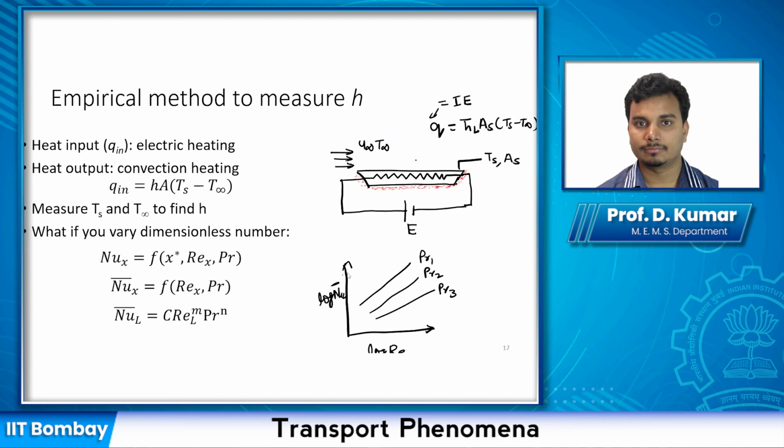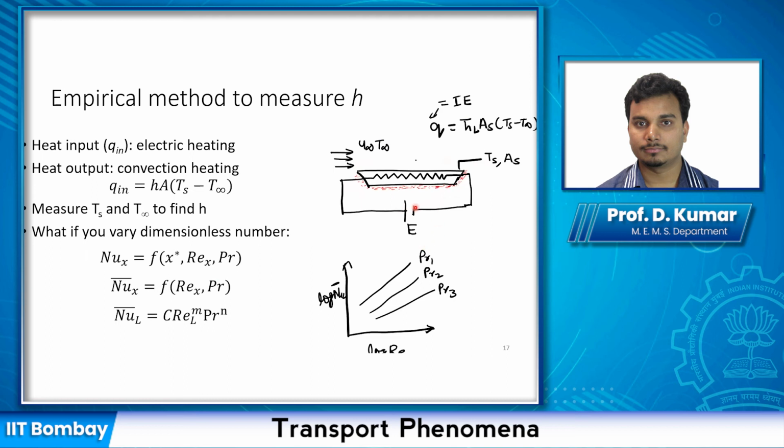Okay. So we can have a setup something like what is shown here. Let us say we want to know what the convection heat transfer coefficient is over this surface. What we can do is maintain the surface temperature of this solid at Ts by heating it electrically.